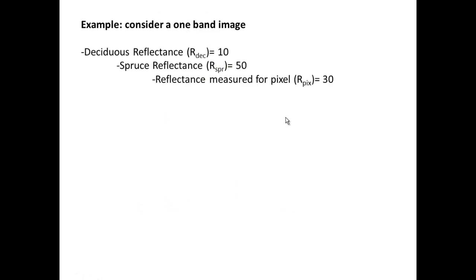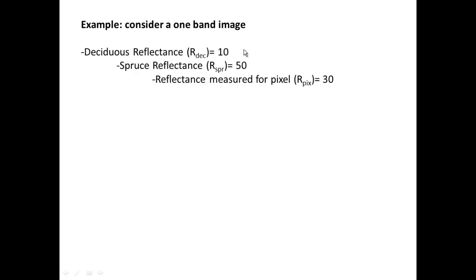So now let's look at some of the simple math behind this. I want to start out with my first example, just imagining a one-band image in which a given pixel is a mixture of reflectance from a deciduous tree and reflectance from a spruce tree. So these are going to be our two end members.